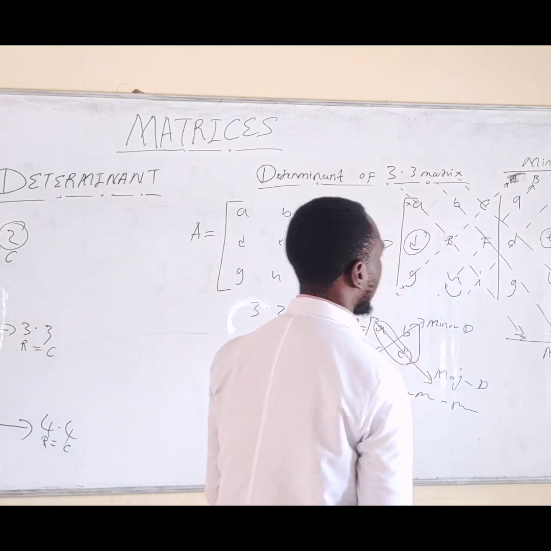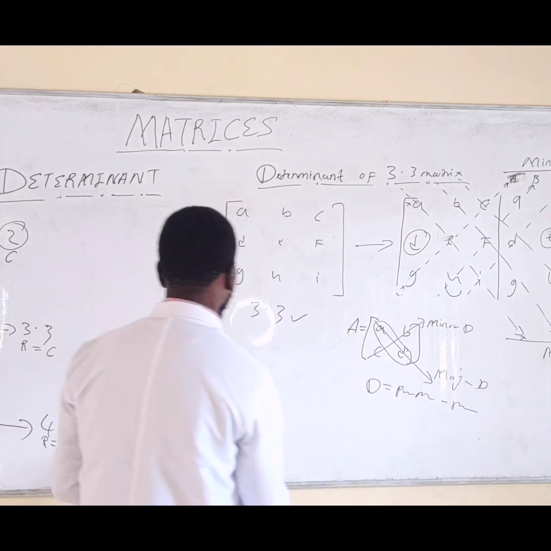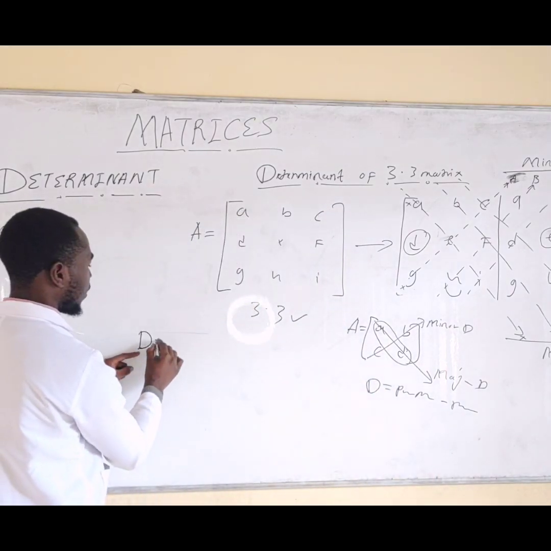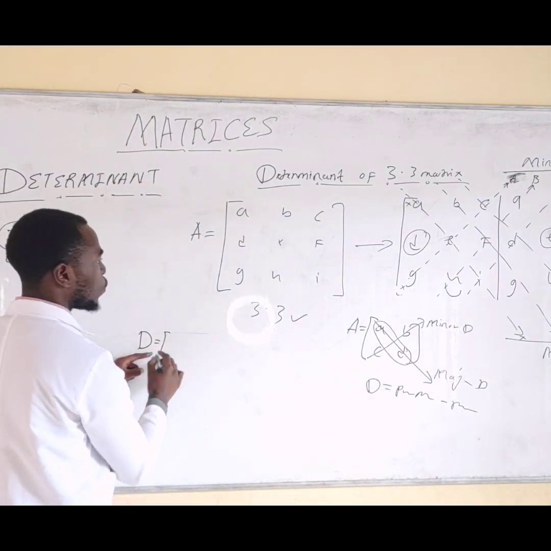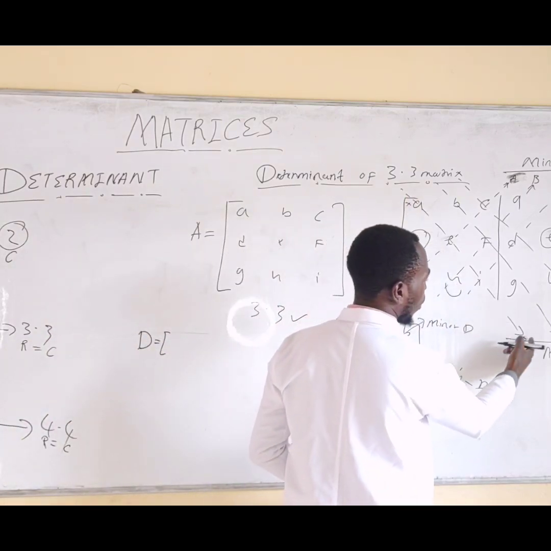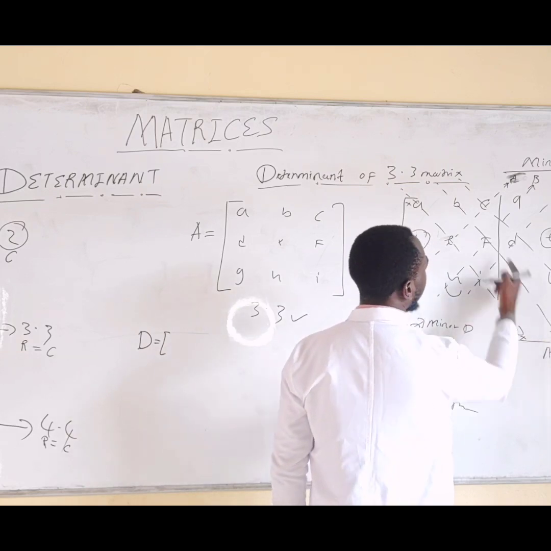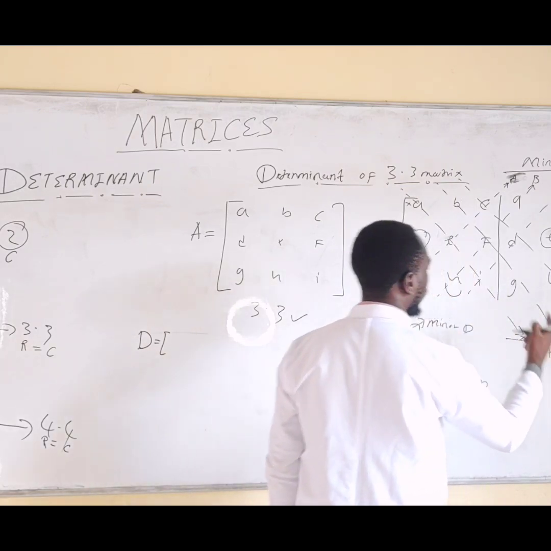Now what are you going to do? To find the determinant, just say the determinant equals the product of your major diagonal x plus the product of your major diagonal y plus the product of your major diagonal z.